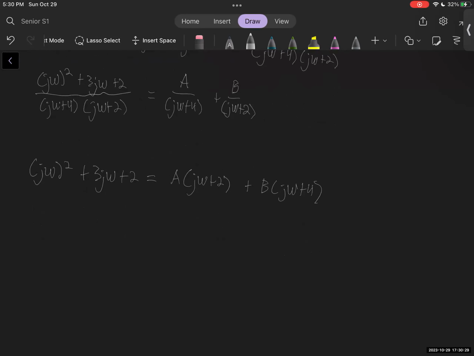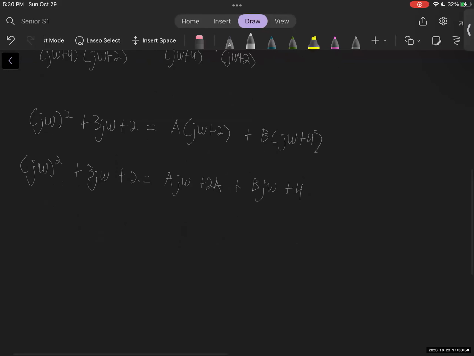Now we can distribute out our A and our B. So we're going to get j omega squared plus 3j omega plus 2 is equal to A j omega plus 2A plus B j omega plus 4.